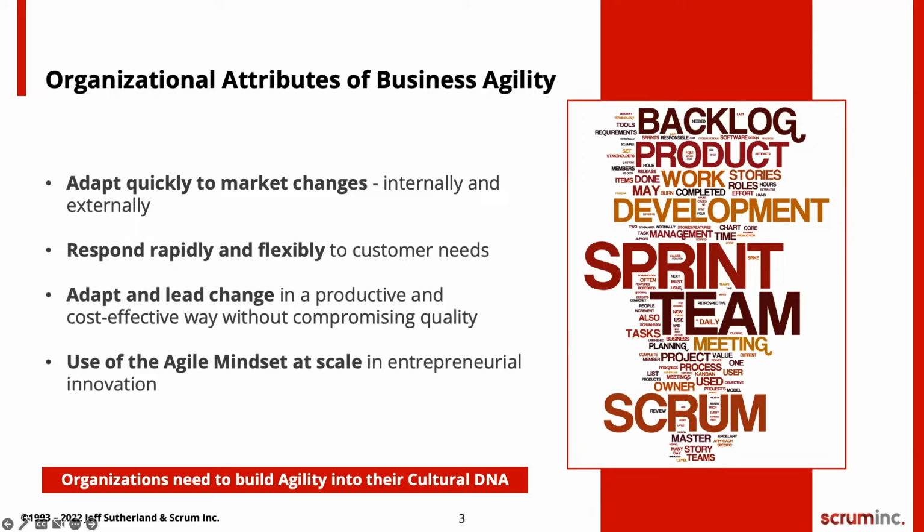There's the ability to adapt and lead change in a productive and cost-effective way without compromising quality. Notice that there's a lot of different terms in this bullet point. Cost effectiveness is one of the hallmarks of agility. The whole idea of being agile comes out of manufacturing and the ability to customize solutions at no or little additional cost.